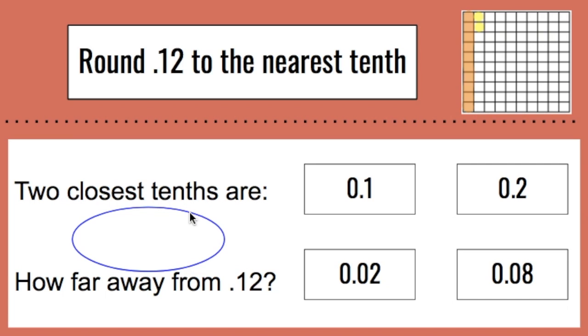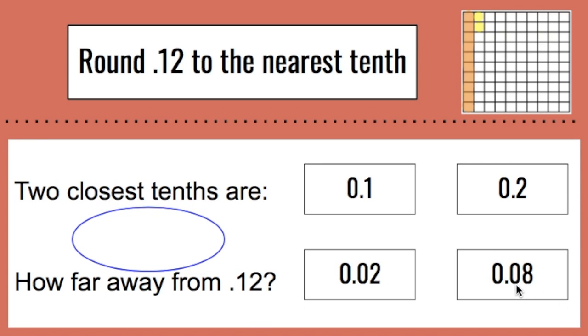Your job is to circle the tenth amount to which 12 hundredths is closest. By doing this, you are rounding to the nearest tenth. On the next line, it says how far away from 12 hundredths? This corresponds to this amount above it. 1/10 is 2 hundredths away from 12 hundredths. 2/10 is 8 hundredths away from 12 hundredths.